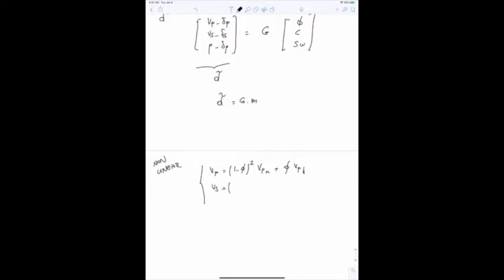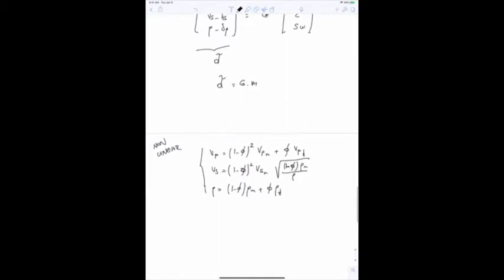Vs is equal to 1 minus porosity square Vs of the matrix times the square root of 1 minus porosity density of the matrix divided by density, and then density here is equal to 1 minus porosity, this one here is actually linear, times the density of the matrix plus porosity times the density of the fluid. So this is an example of nonlinear model.